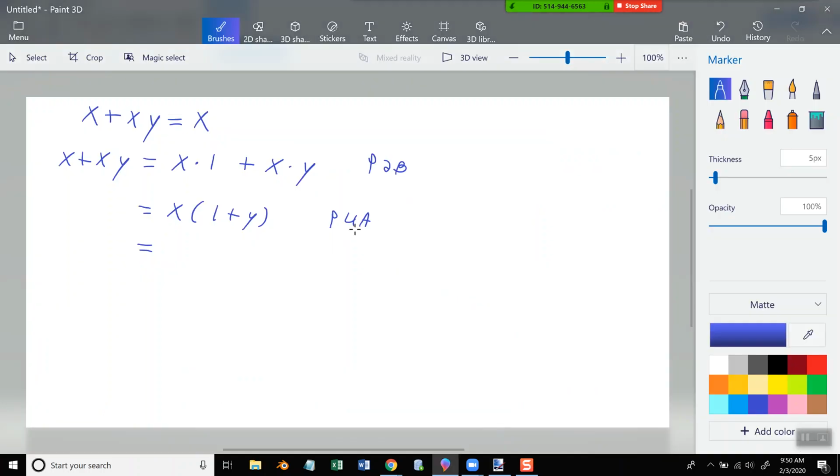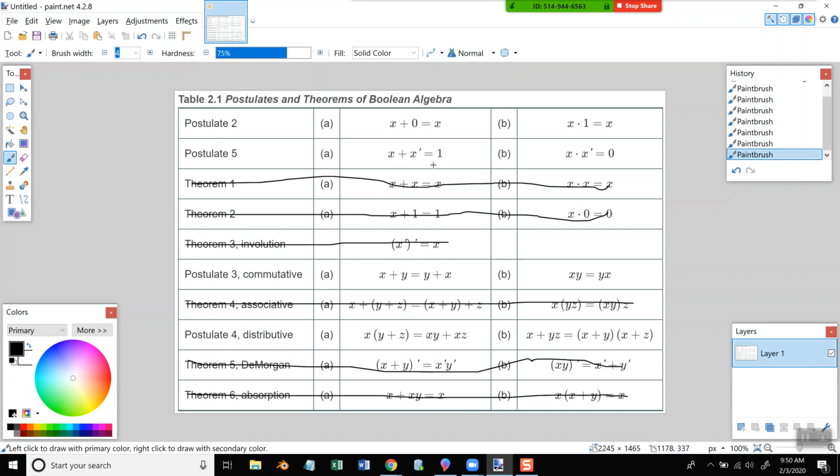What if that would help? Let's see. So I could rewrite that as y plus y prime, then the plus y carries down. And that's from this one right here, postulate 5a.